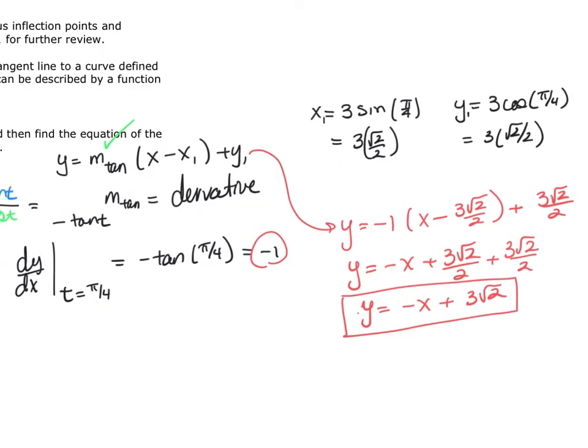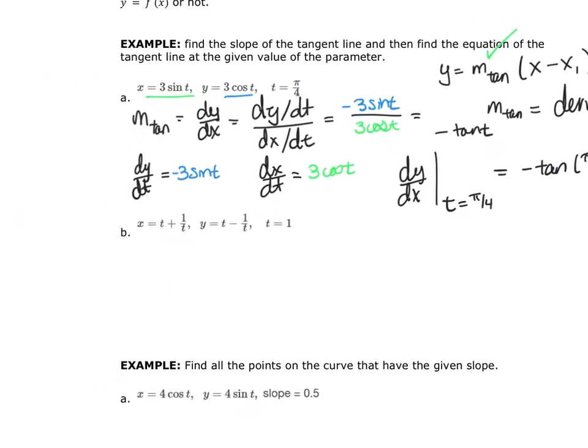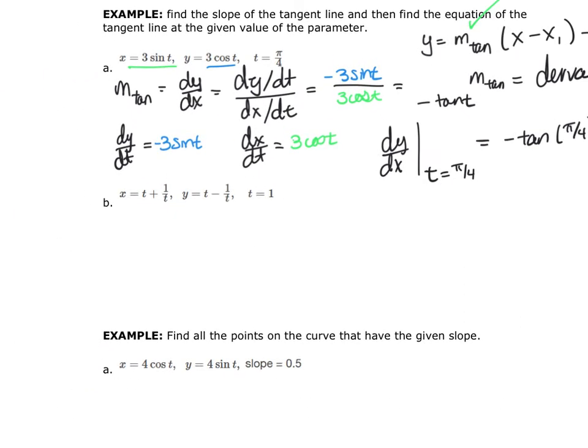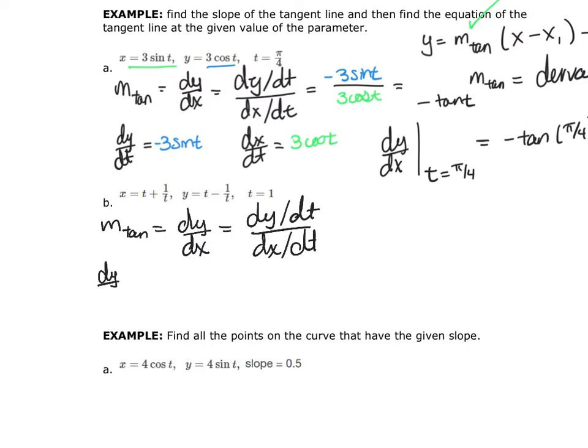Now let's do this again by looking at this one. So for this one, I'm going to do my derivative of each one. Remember, my m tangent is dy/dx, which is dy/dt divided by dx/dt. So I'm going to go find dy/dt, and I'm going to write this as t minus t raised to the negative 1. That way I can do the power fairly quickly.